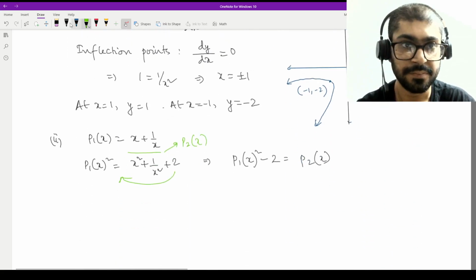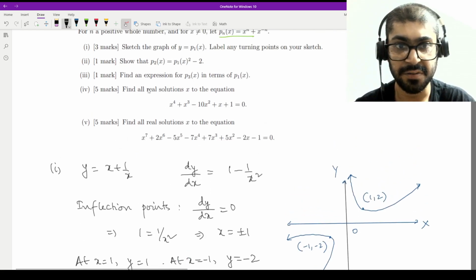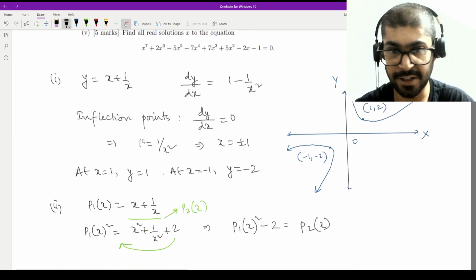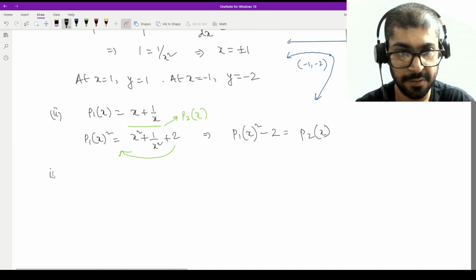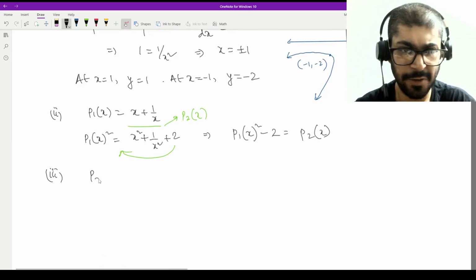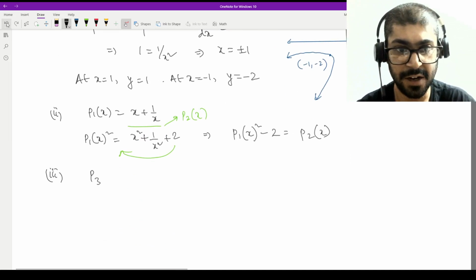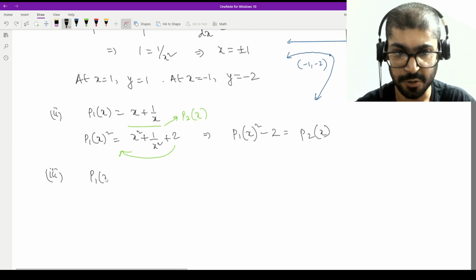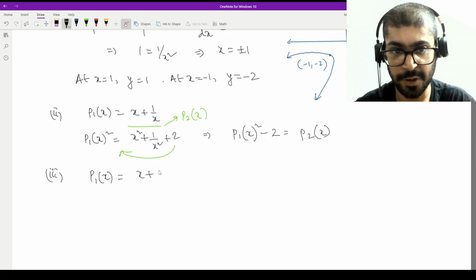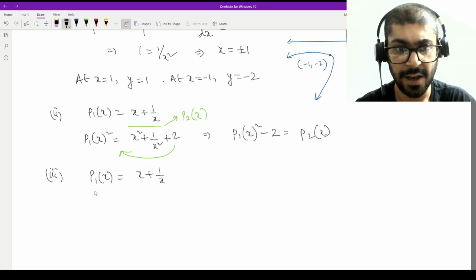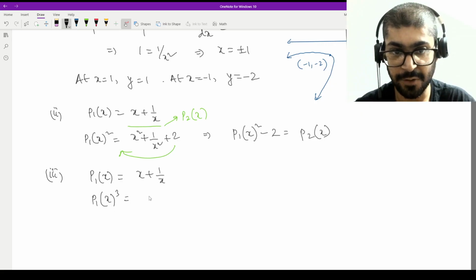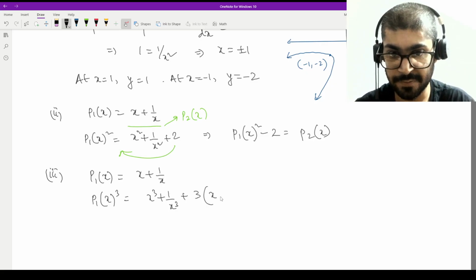The next one says find the expression for p3(x) in terms of p1(x). Alright, let us look for p3(x). We will use the same technique. We start with p1(x) because we have to find it in terms of p1(x). So p1(x) equal to x plus 1 by x, and then we cube it. So p1(x) whole cube will give you x cube plus 1 by x cube, using a cube plus b cube plus 3ab, which is just 3 into a plus b.